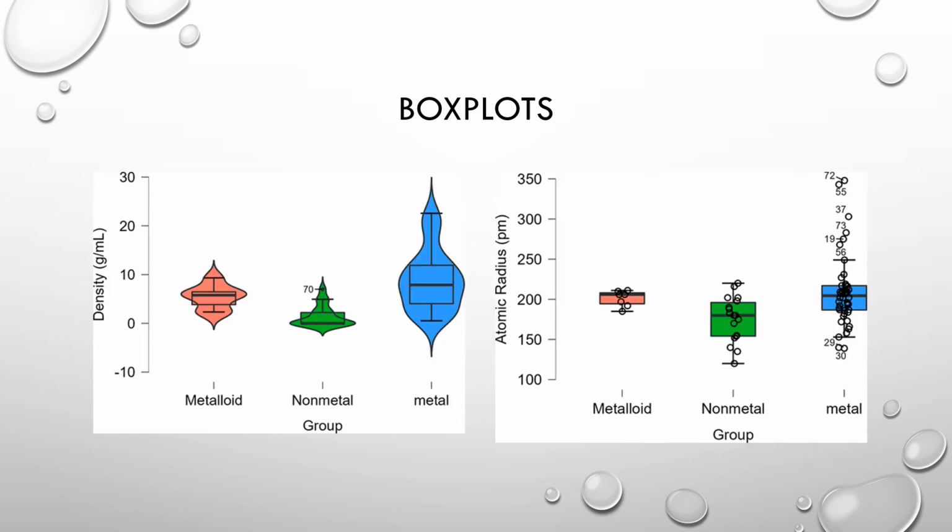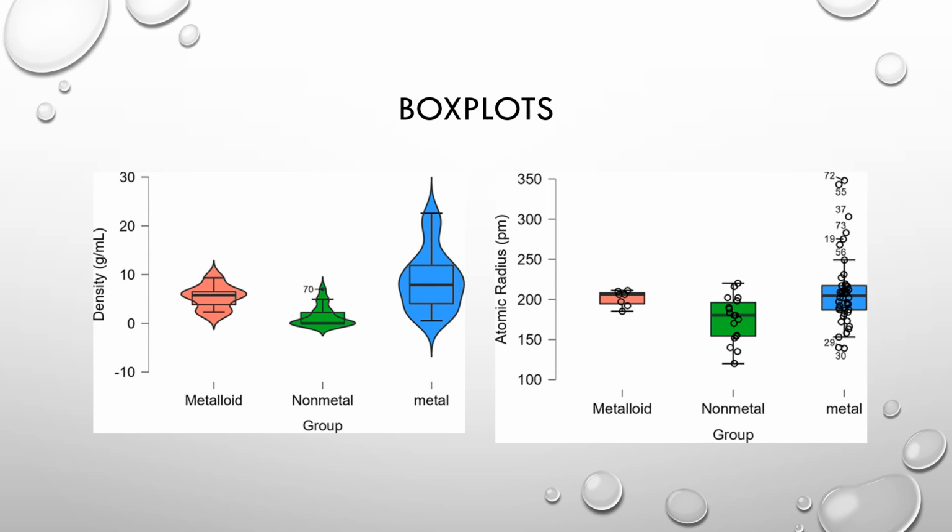These two box plots in particular show the density differences that they found in the different elements and the atomic radius. I love that they use the color to kind of show what that difference looks like within those metals. I feel like it makes it more descriptive.